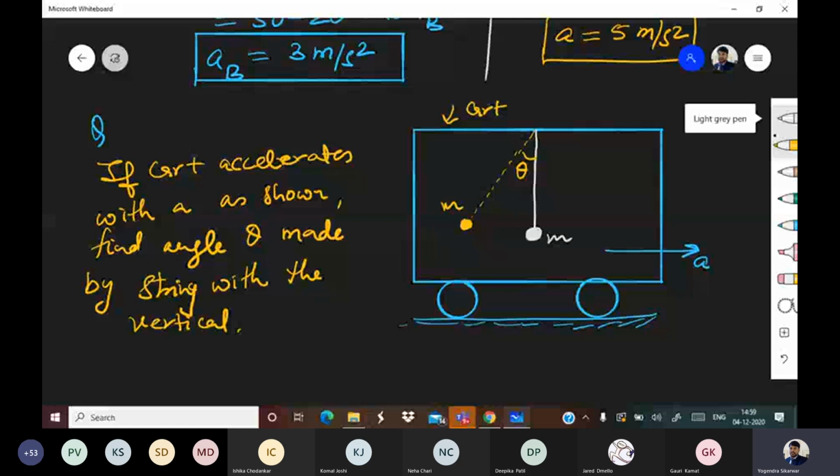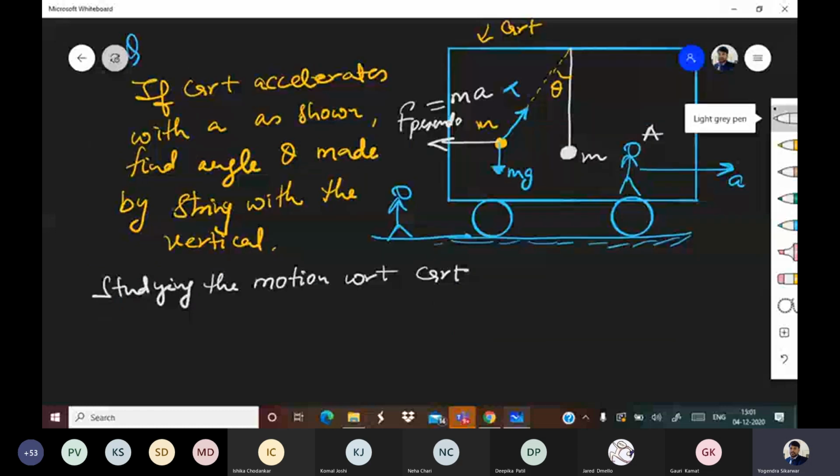We want to apply pseudo force and we won't miss any opportunity to apply pseudo force, right? So we need to apply a pseudo force also. F pseudo, and how much will that be? It is m into a, because a reference is a, and the direction will be opposite to the direction of acceleration of cart.